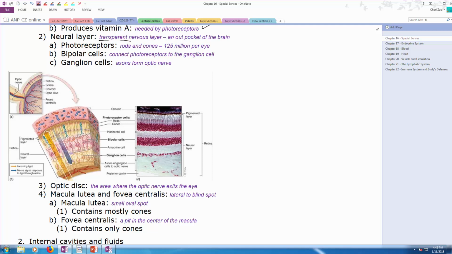So it's a transparent nervous layer, and I want to relate it to an out pocket of the brain. I liken my hands coming out to you as the optic nerves coming out at you. At the end is my hand's fist, and as I go inside the eyeball itself, I go poof, I bloom on out, and now I'm covering the inside of the eyeball. So that's what it's like.